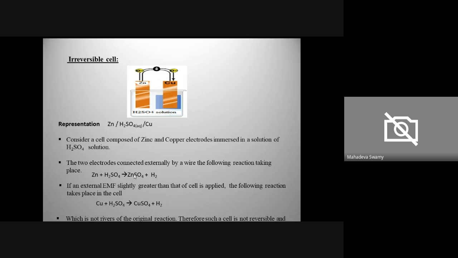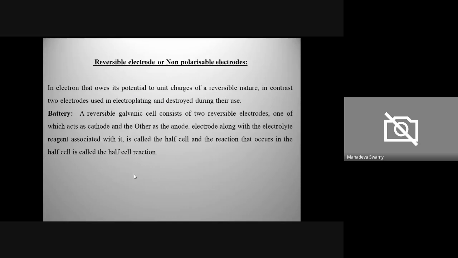If you give extra external EMF to the cell, the other electrode reaction is carried out first: Cu plus H2SO4 gives CuSO4 plus liberation of hydrogen gas. So this happens in the cell when we apply external EMF. So this is the reaction.